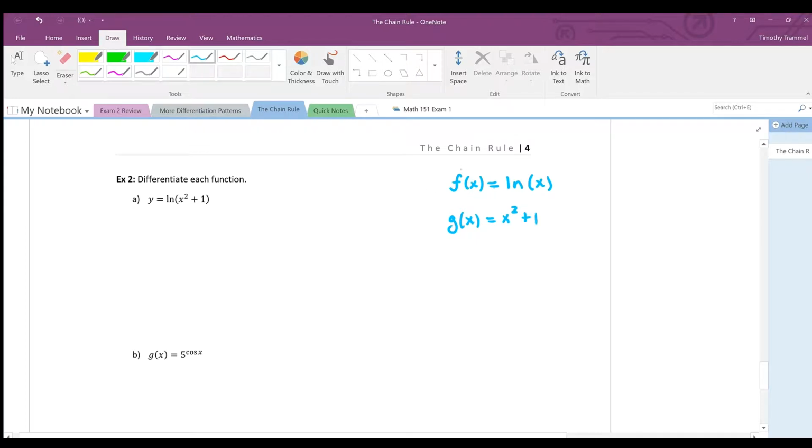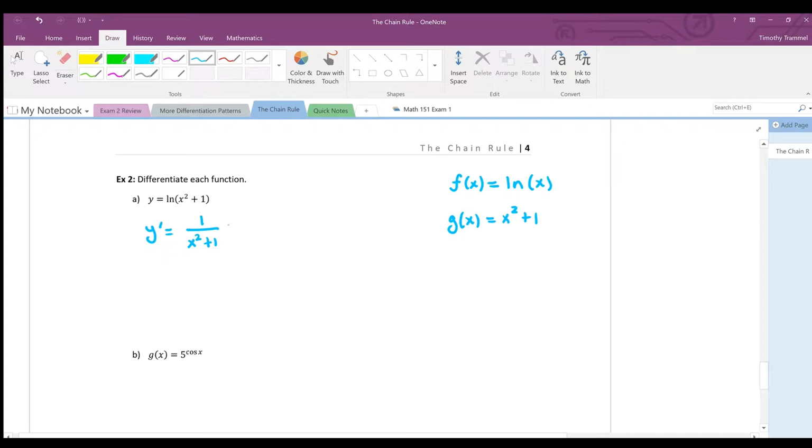Now, if we took the derivative of the outside function, that should look like 1 over x if this was just the natural log of x, right? But we're supposed to do f prime of g of x. And so instead of 1 over x here, we have 1 over x squared plus 1.